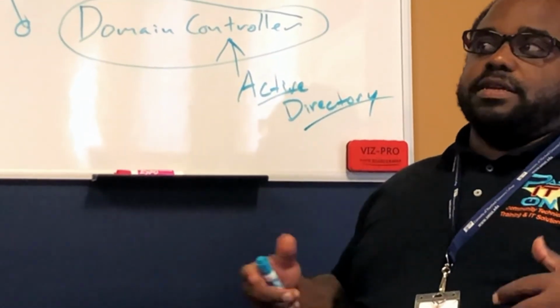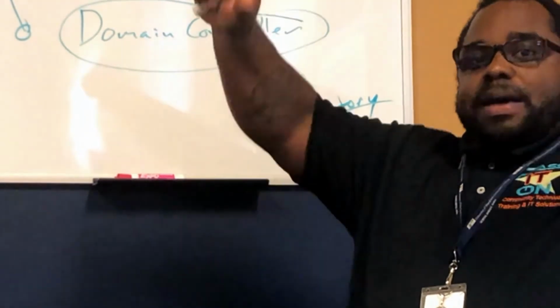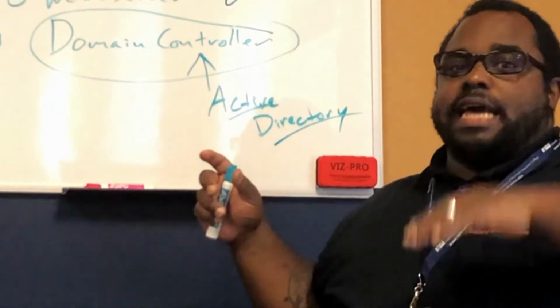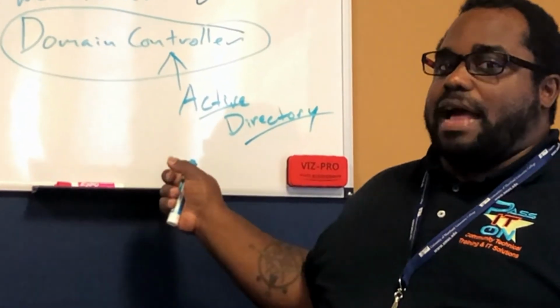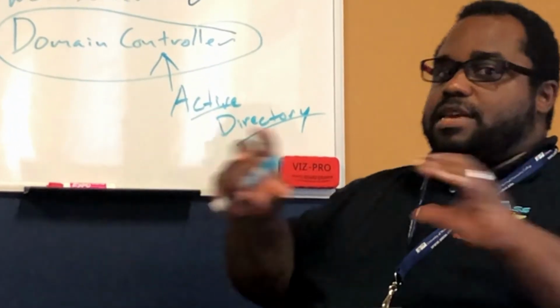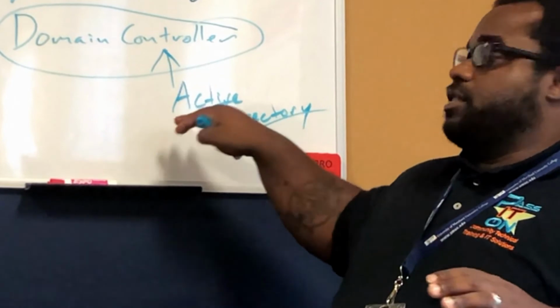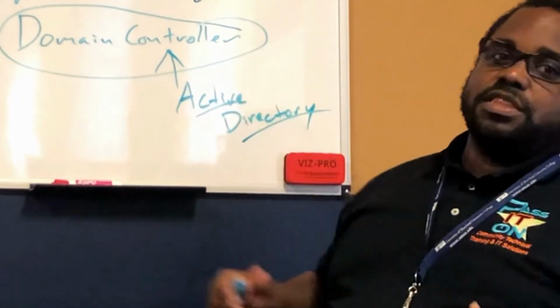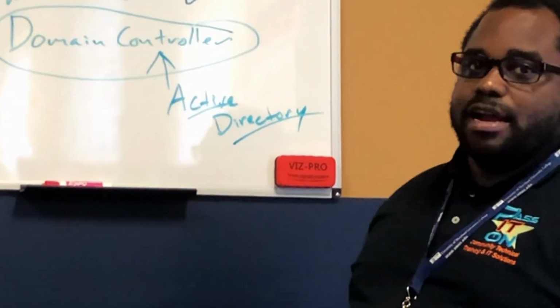So that way, it's like you have a backup. The main domain controller has subordinates. If the main one goes down, the subordinates have a copy of Active Directory, so they can keep allowing the devices that connect into them to communicate till you get the main primary domain controller back up and running.